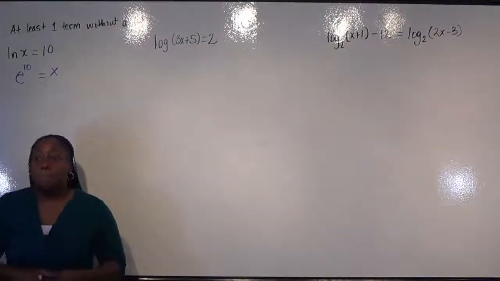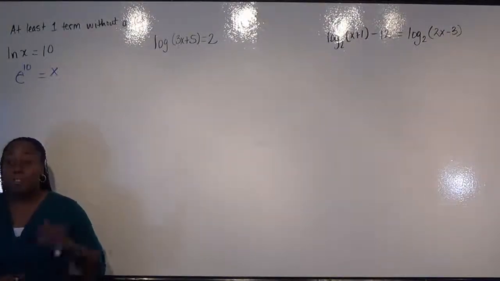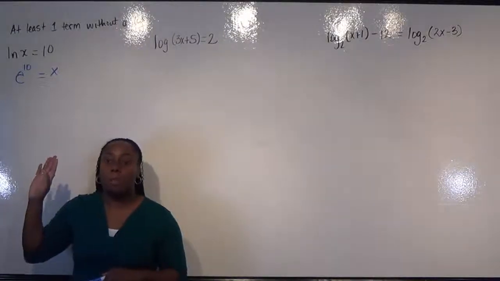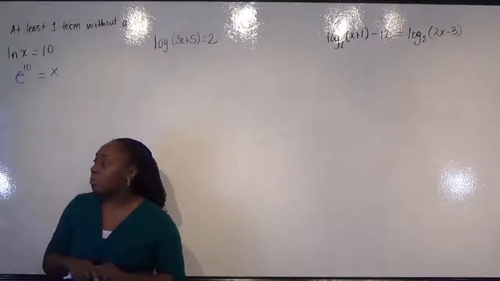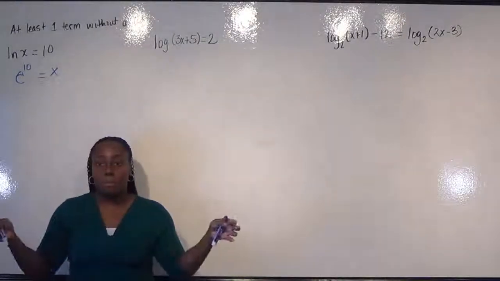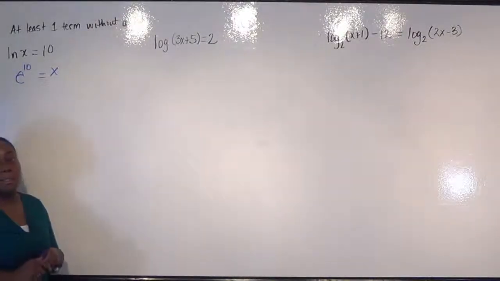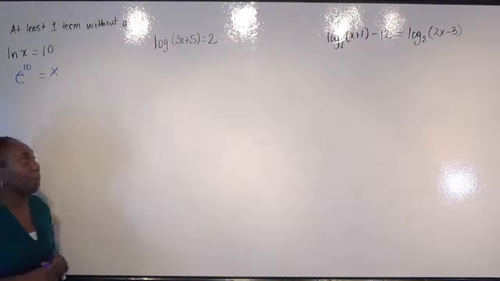In this case, that's it. There's our solution. E to the 10th is a number. Because it's a larger power, we don't want to multiply that out. It's going to be huge, on the order of 10 place values. So here we can just leave it as e to the 10th equals x.